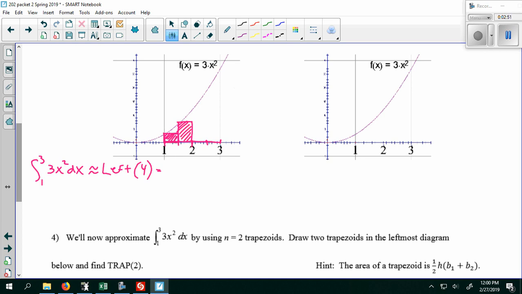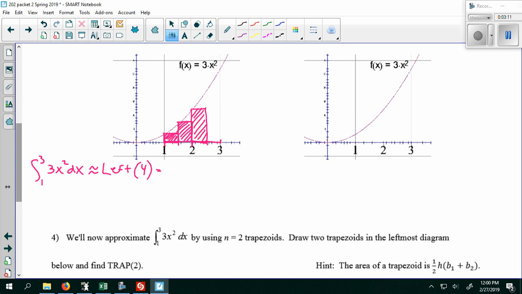Next, the interval from 2 to 2.5, build a rectangle over that interval. The height is going to be the height of f of x equals 3x squared at 2, the left endpoint of the interval. So there's my third rectangle.